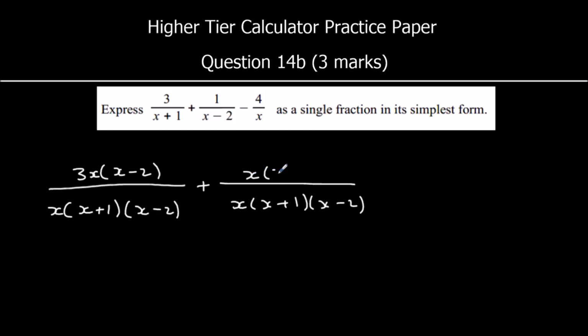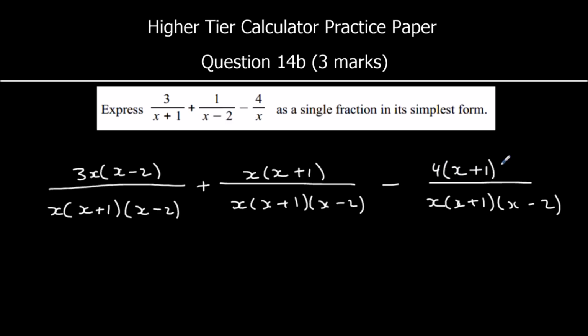So I times the top by x and x plus 1. And for the last fraction, I'm timesing the bottom by x plus 1 and x minus 2. So I times the top by x plus 1 and x minus 2.